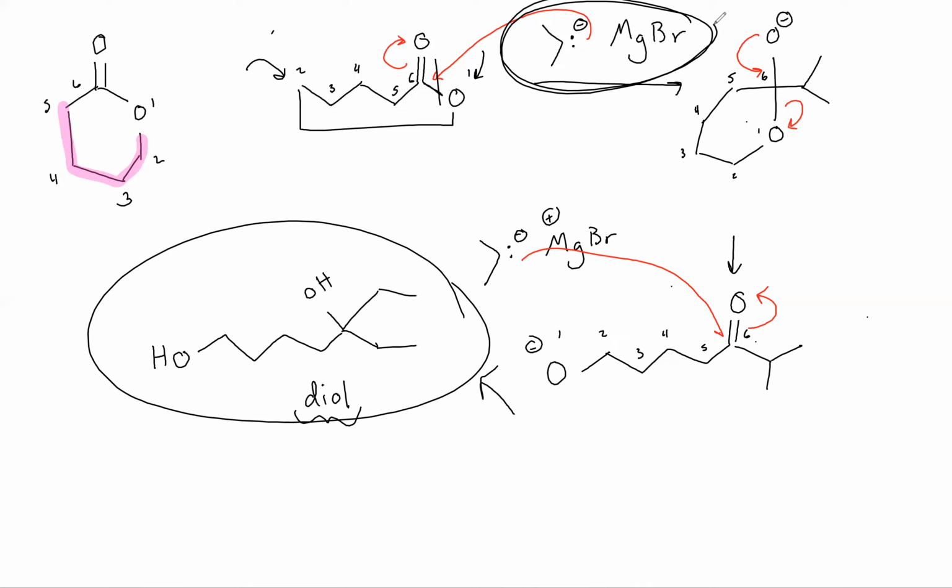For example, if I have a carbon chain that looks like this, and I have a double bond right here, an OH right here, and then another double bond right here, my Grignard's reagent is going to react with every single one of these. It's going to replace the oxygen. It's going to turn this into an alcohol. It's also going to turn this into an alcohol.